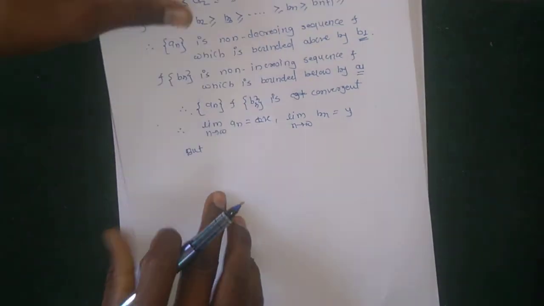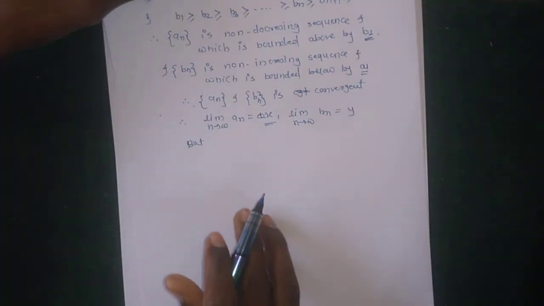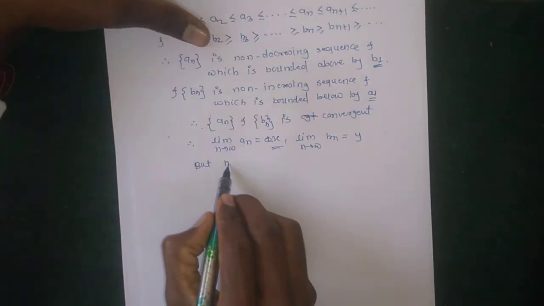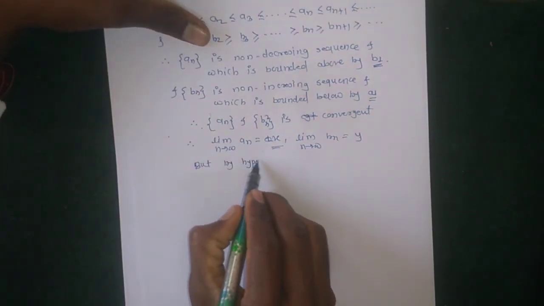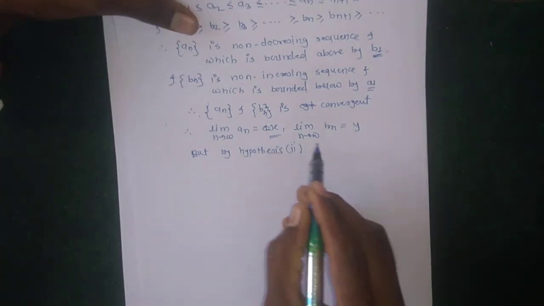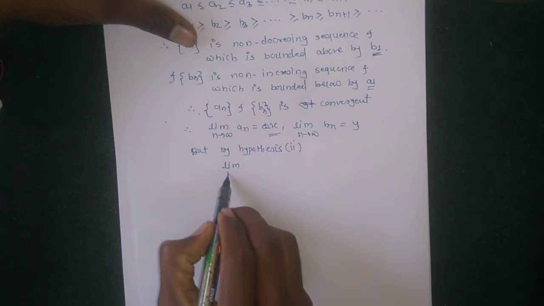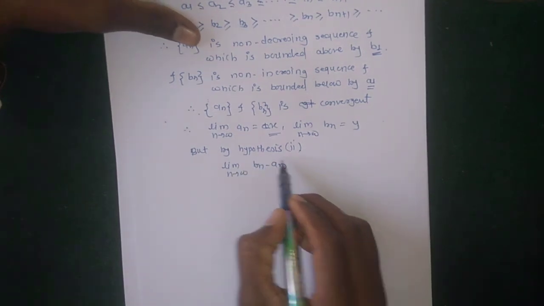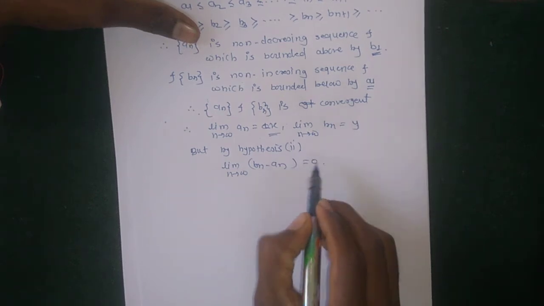But our second hypothesis says that the limit as n tends to infinity of Bn minus An is equal to 0.